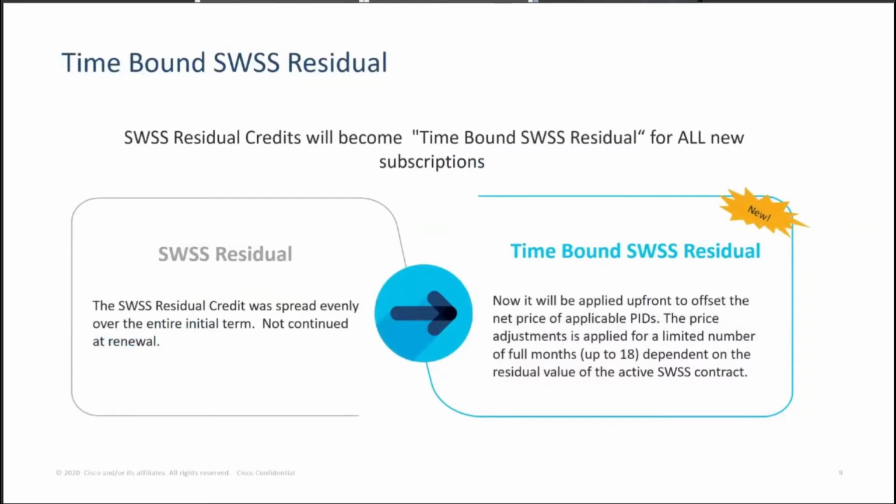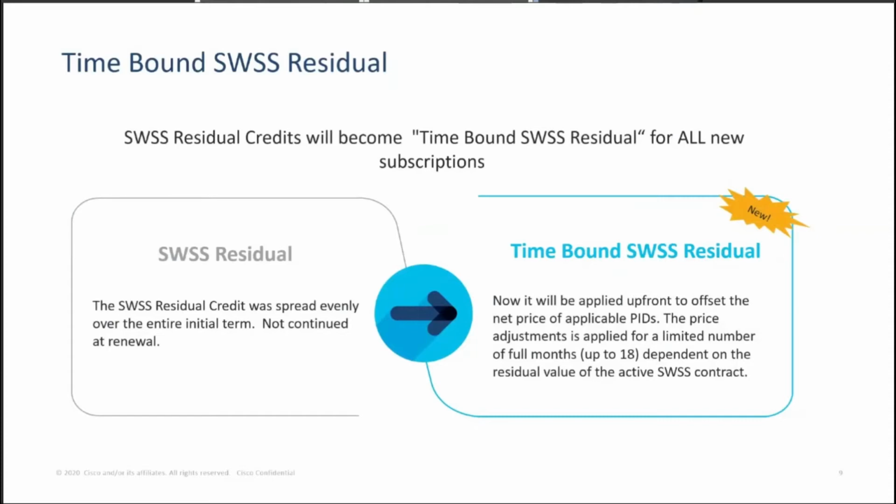And what that means in a nutshell, we take the value of the SWSS that you haven't utilized yet in your contract, whether it's 2 months or whatever it is, and it gets boiled down to the first 18 months of your plan. So the first 18 months could be discounted, and that's a maximum of up to 18 months. But we will work through that with you. So don't worry about that one.